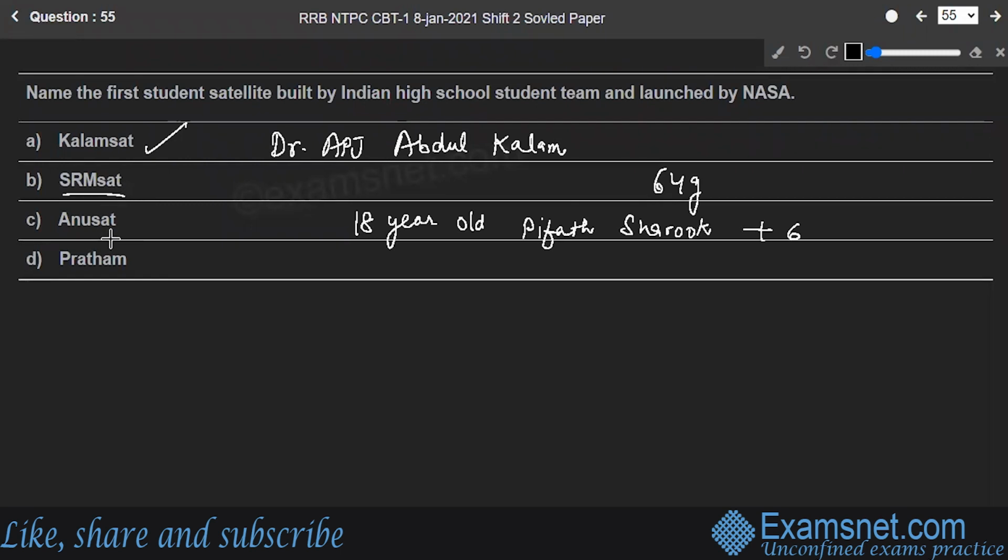Anusat is the first satellite built by an Indian university under the overall guidance of ISRO. Pratham is an Indian ionospheric research satellite operated by Indian Institute of Technology, Bombay, as part of a student satellite. So we have option A, Kalamsat, as the answer to this question.